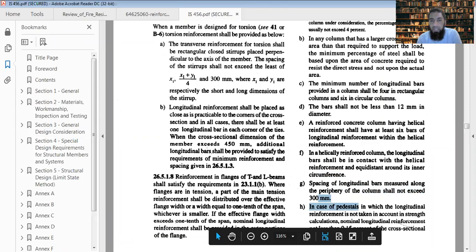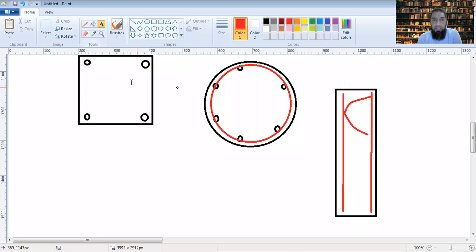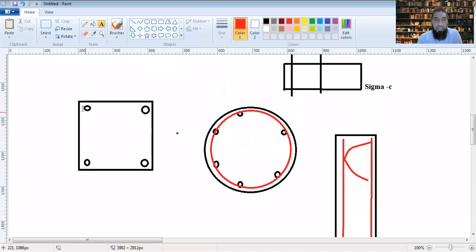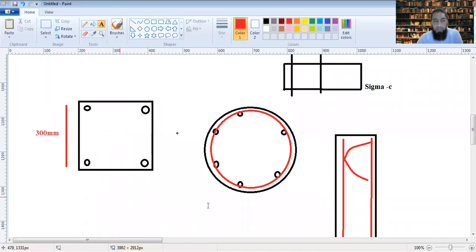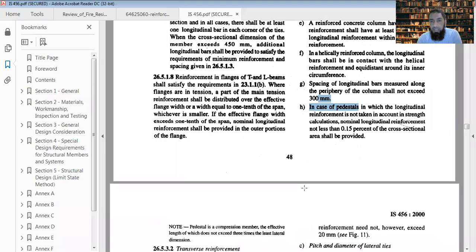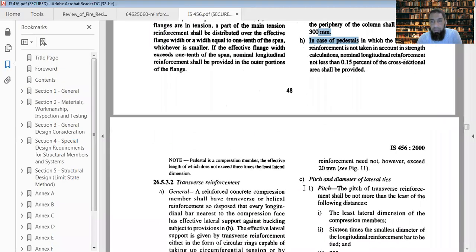Then spacing of the longitudinal bars measured along the periphery of the column shall not exceed 300 mm. Now, the spacing between these bars, whether in the rectangular or circular column, should not be greater than 300 mm maximum. But there is also a limit to the minimum spacing between the bars. Probably it is 75, let me check. Not given here.